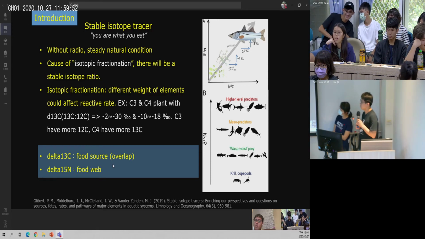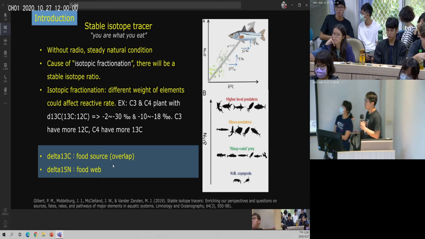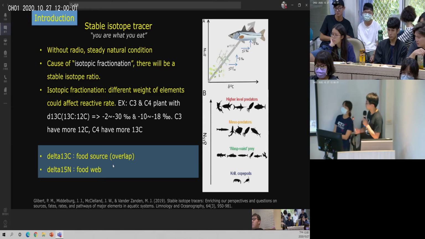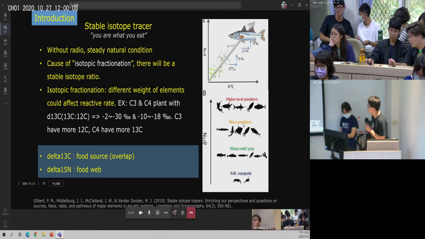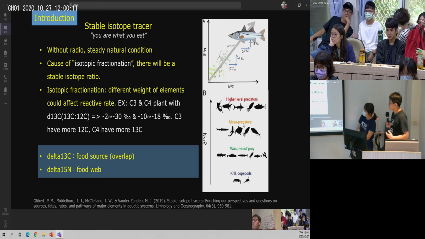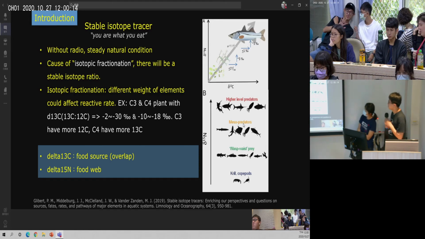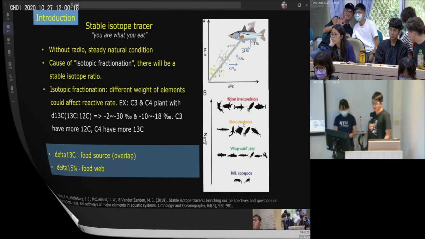So these are very stable sources. So if I eat the sources, then I will become what I am. Yeah, and the nitrogen, why can nitrogen indicate the food chain? Predators will accumulate more nitrogen in their body, so the nitrogen will be higher than their prey.